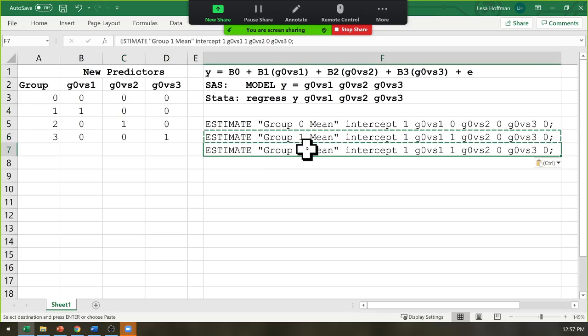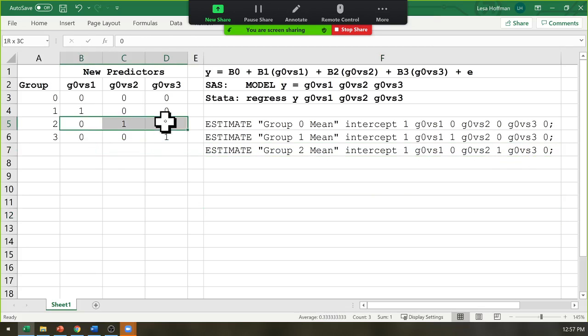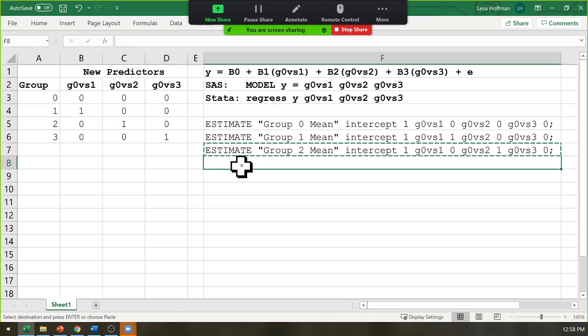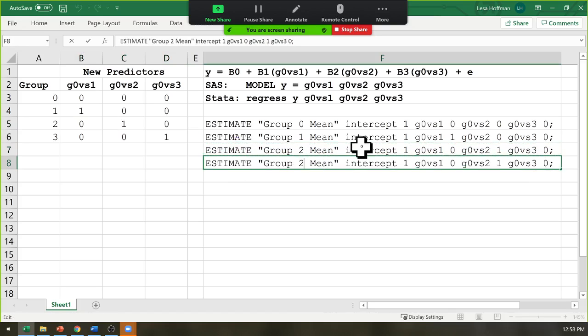If I do group 2, the first predictor goes back to 0. The second predictor switches to 1 because that's how it is in the coding scheme. And last but not least, group 3, where the last fixed effect turns on instead.